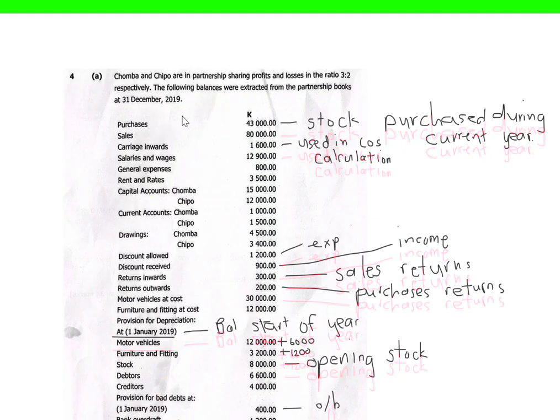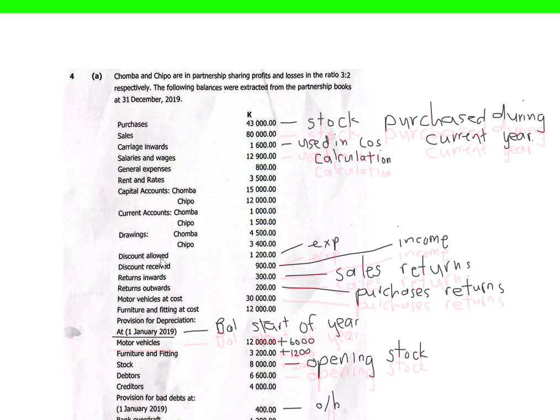So purchases will go in the income statement, sales will go in the income statement, carriage inwards would be used to calculate cost of sales, salaries and wages, expense, rent and rates, expenses. So we're looking for the income and expense accounts. These here, we call them balance sheet accounts, B accounts.